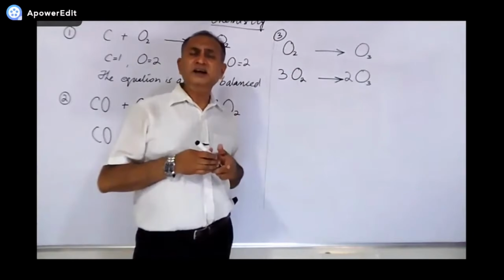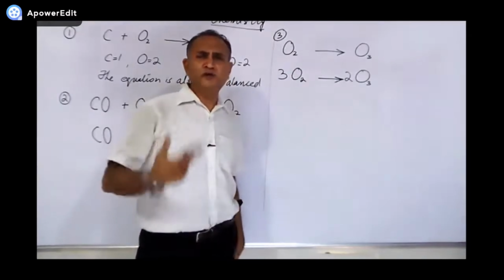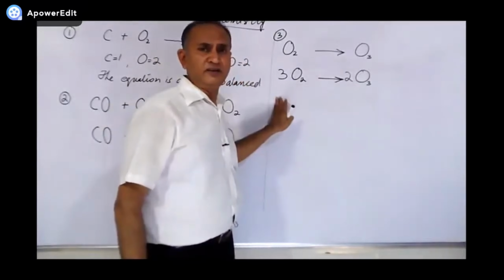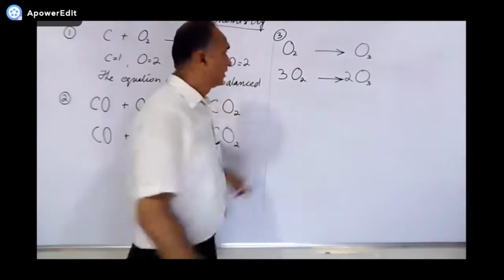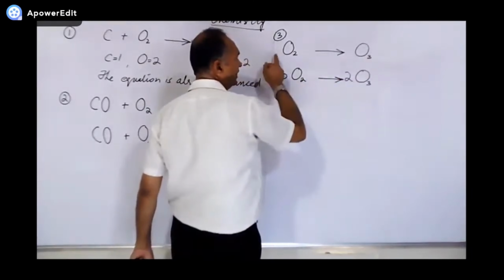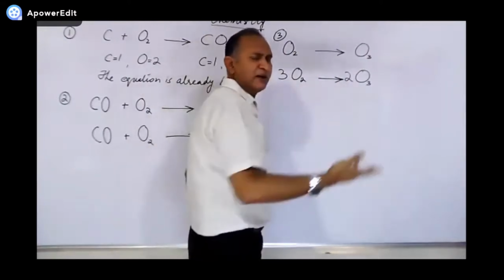So what is the point to be noted here? If you see any 2 consecutive numbers, like 2, 3, like 3, 4, like 4, 5, then exchange their coefficients. Like we have 2 and 3. So 3 I wrote over here and 2 I wrote over there. There is another way.